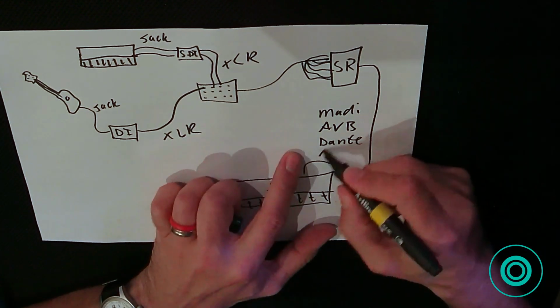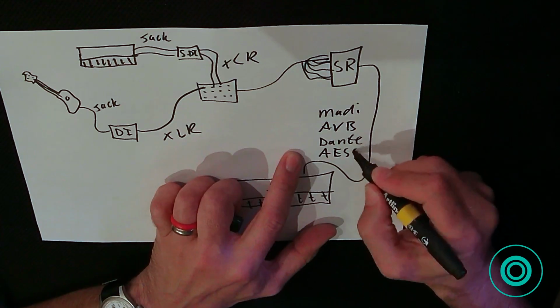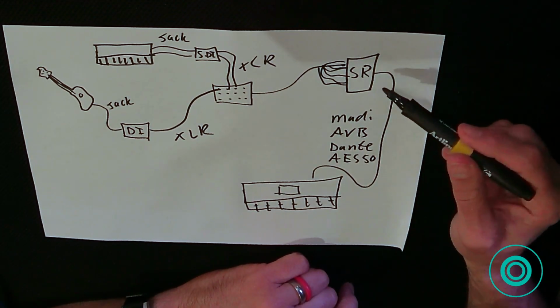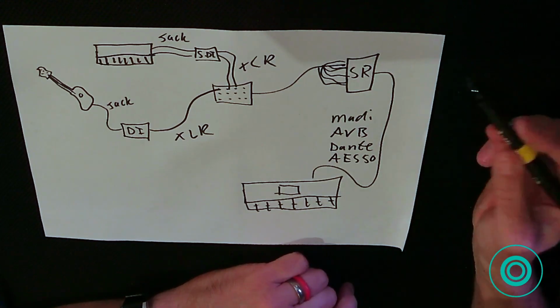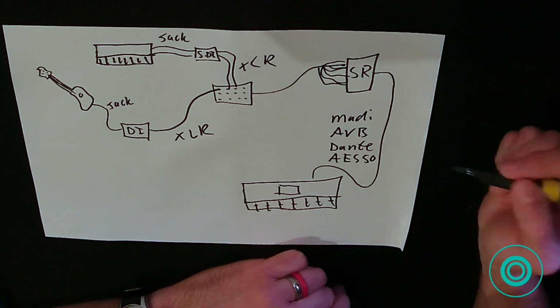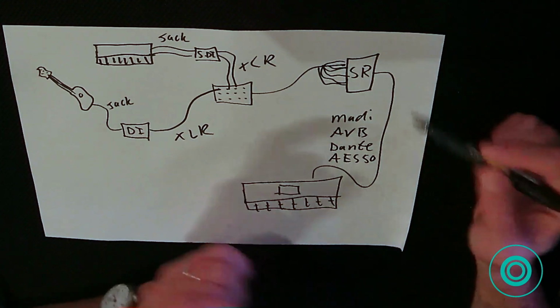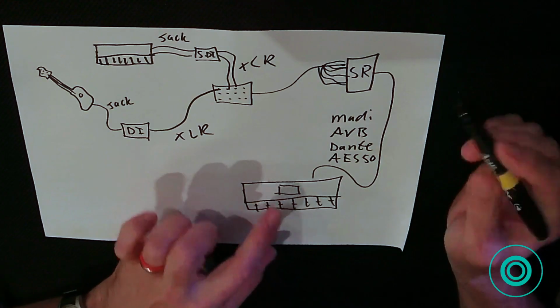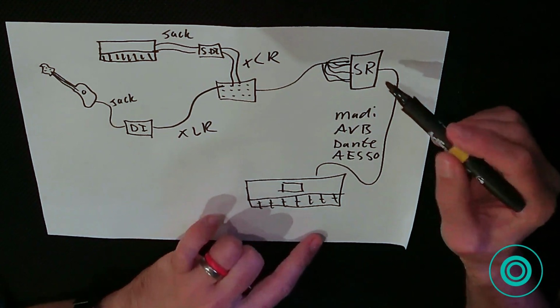It can be AES50. Different formats. Most of them either work on a coax cable or a network cable or a fiber, or optical, like Digico uses optical, like the one we have on loan here from DWR. Right.